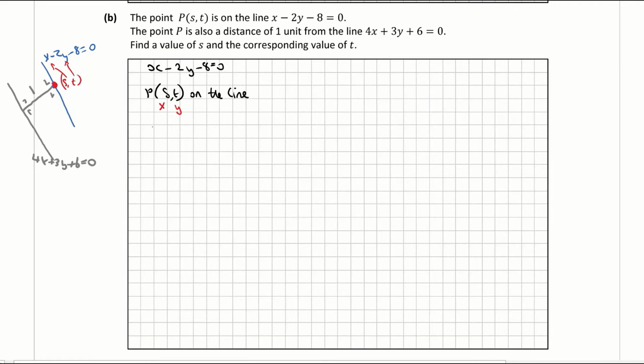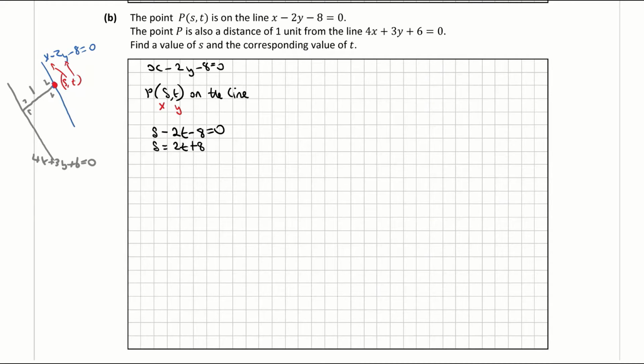That gives me S minus 2t minus 8 is equal to 0. Now that's the same as S is equal to positive 2t plus 8. And we will need that in a second, if we're going to get the distance to the other line.